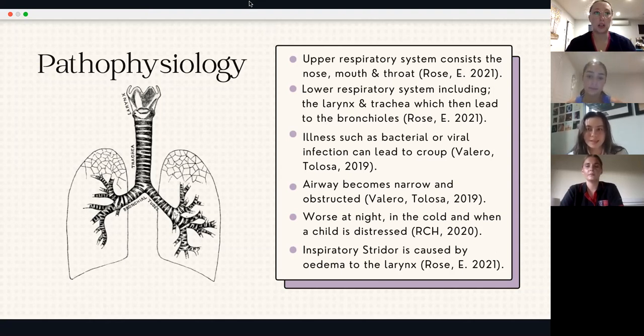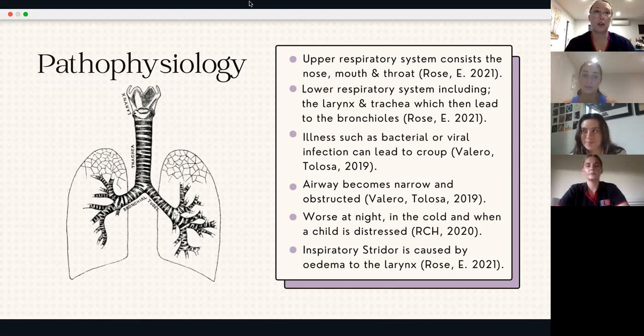Illnesses such as bacterial or viral infection, like influenza or bronchiolitis, can lead to laryngotracheobronchitis, otherwise known as croup. Bacterial infection is less likely to cause croup than viral, but it's still possible. A child who presents with croup normally has an upper respiratory infection or cold for a few days prior to developing croup, which Rory has had.